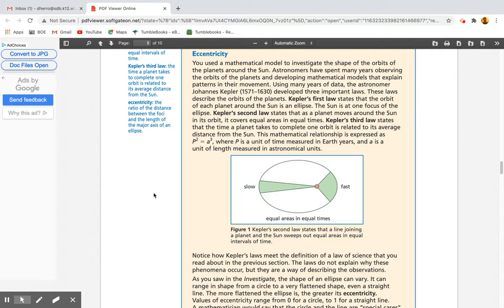Kepler's third law states that the time a planet takes to complete one orbit is related to its average distance from the sun. This mathematical relationship is expressed as p squared equals a cubed, where p is a unit of time measured in Earth years, and a is a unit of length measured in astronomical units.